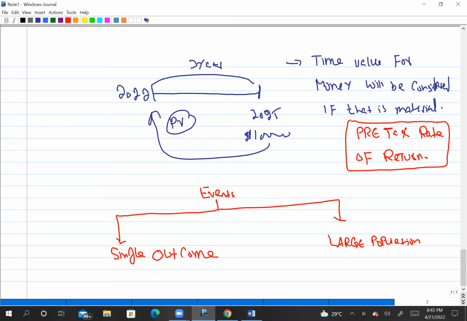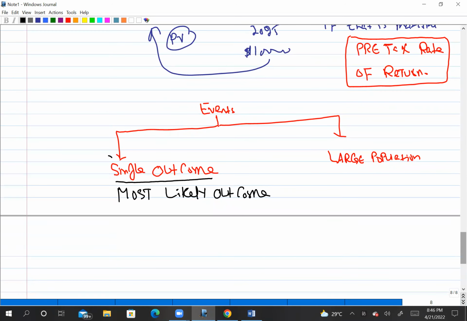And the second is where a large population is expected. Now, in case of a single outcome, we will measure the provision with the most likely outcome. Single outcome means we are talking about a court case, for example.